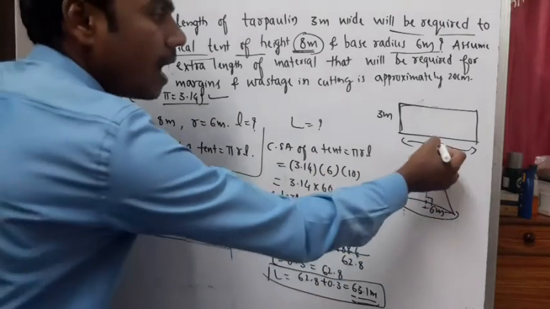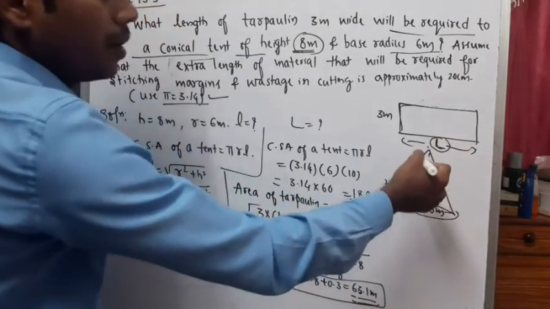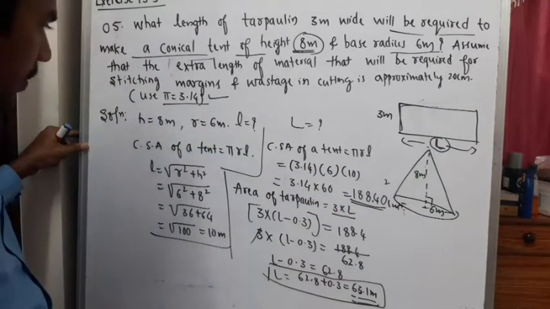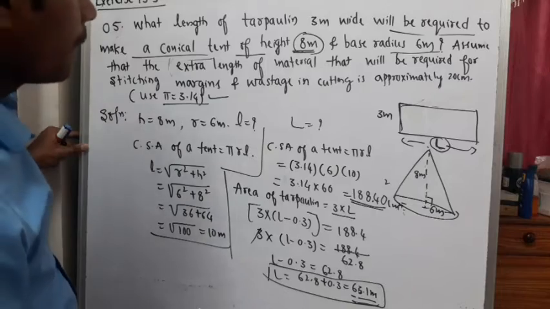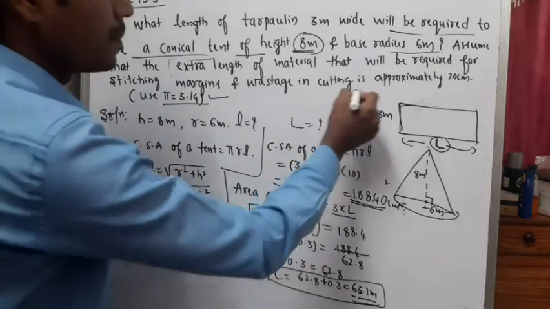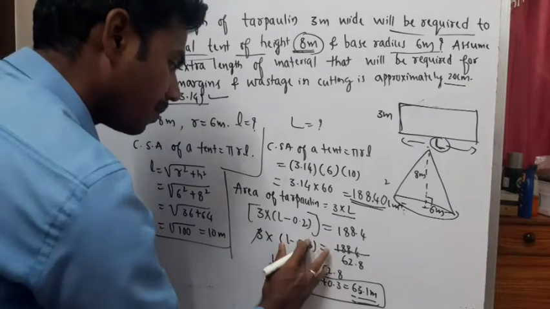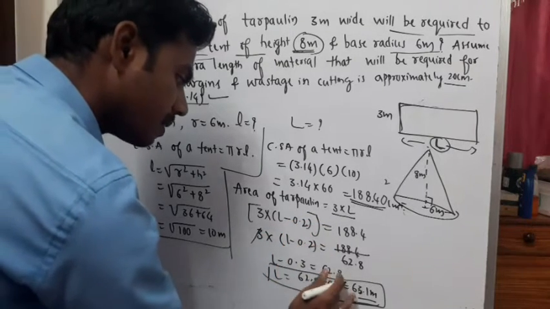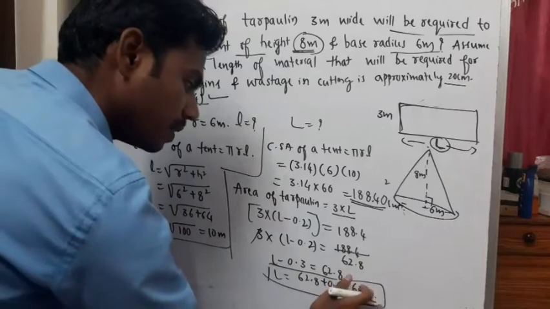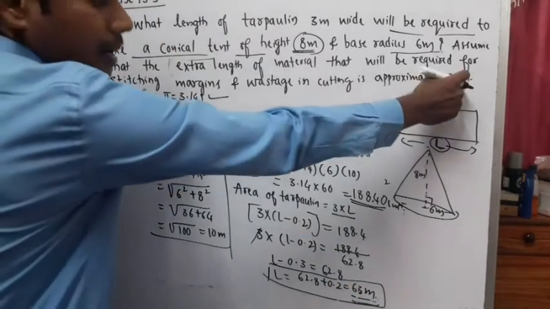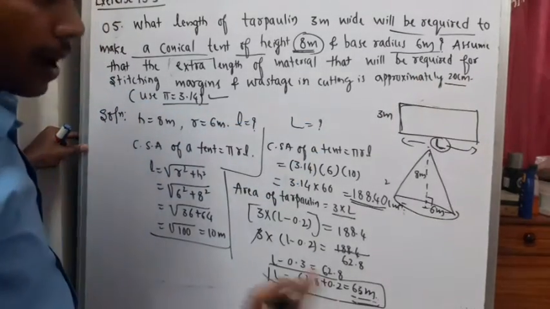So that is the reason I removed 20 centimeter. All the dimensions, is it 20 centimeter? If it is 20 centimeter, it will be equal to 0.2 meter.